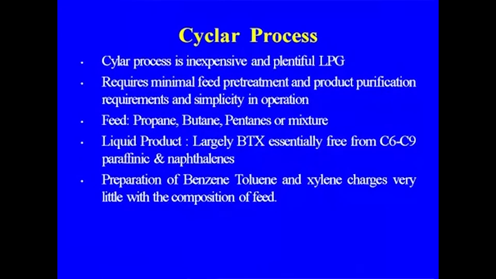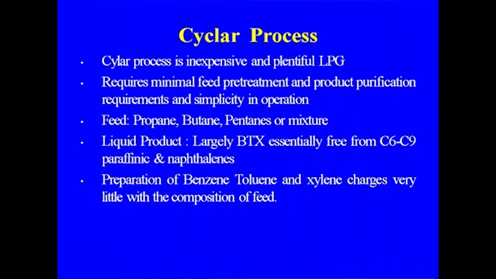So this LPG can be used for manufacture of aromatics. This requires minimal feed treatment and product purification, and simplicity in operation, which we are not getting in the case of other conventional processes.